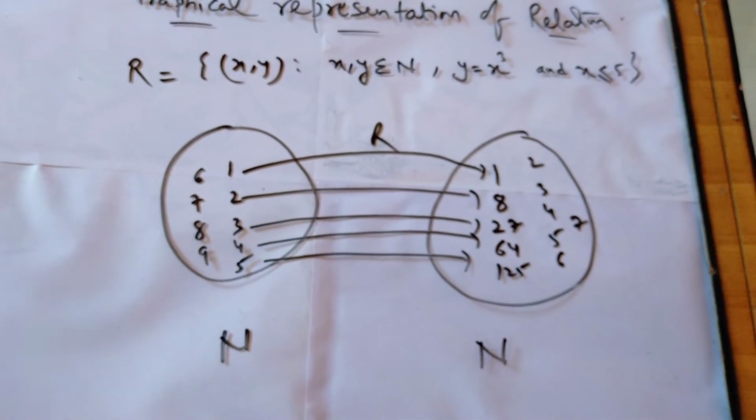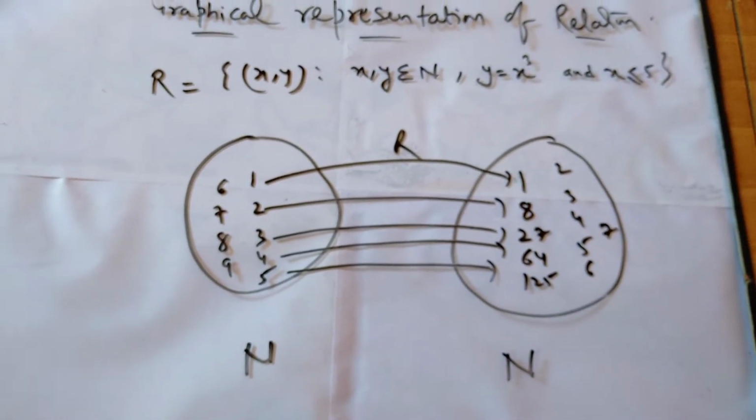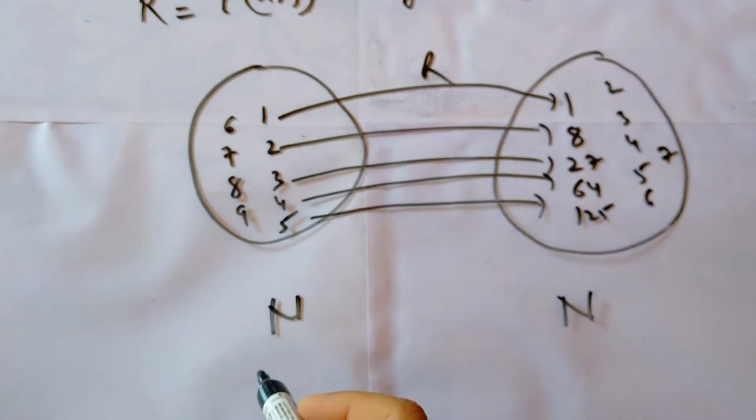Now students, from this example we will learn what the domain and codomain of a relation are. So let's start.